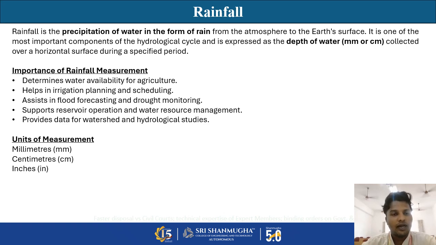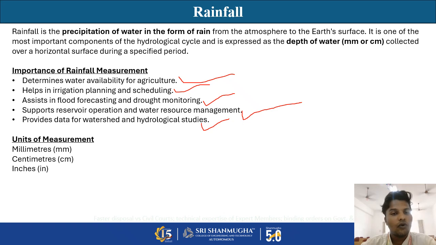So, the importance of rainfall measurement. Why is it important? Because it helps to determine the water availability for agricultural activity. It helps in irrigation planning and scheduling, and assists in flood forecasting and drought monitoring. It supports reservoir operations and water resource management, and provides data for watershed and hydrological studies.